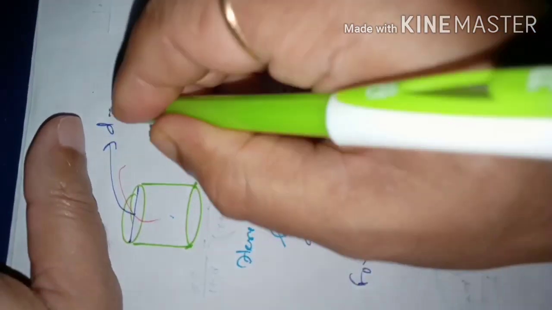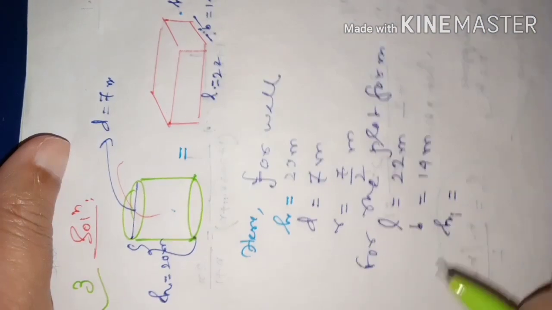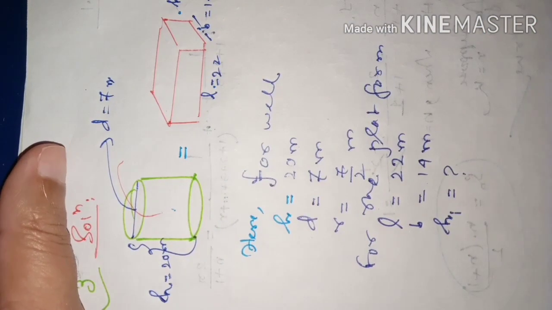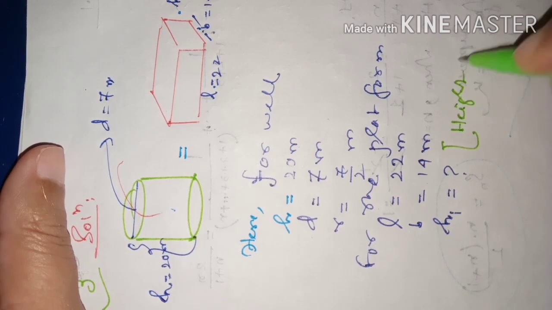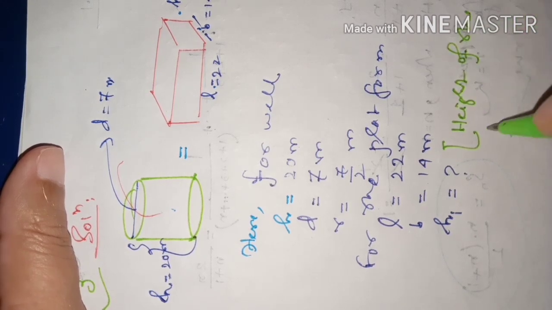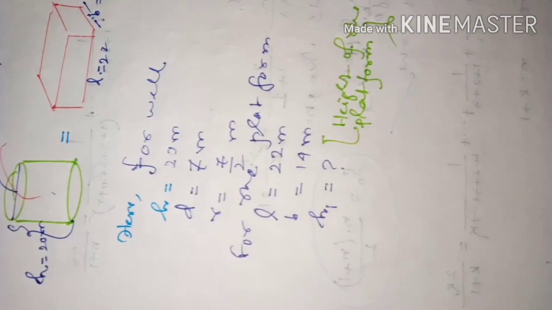Here you understand, this is the diameter 7, and this is the depth of the well, 20 meter. So we need h1, the height of the platform.